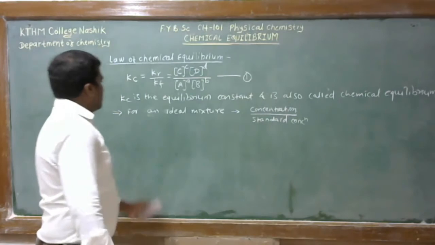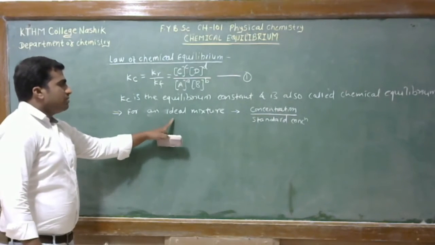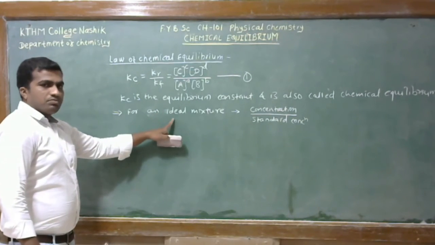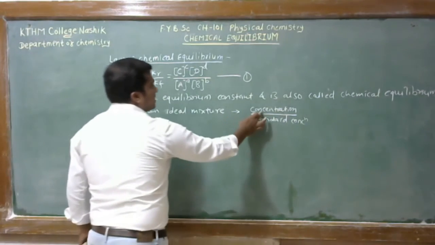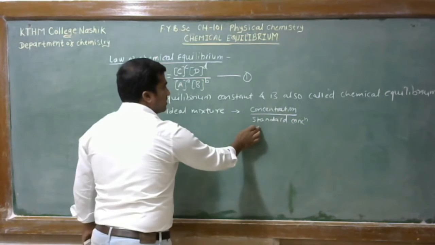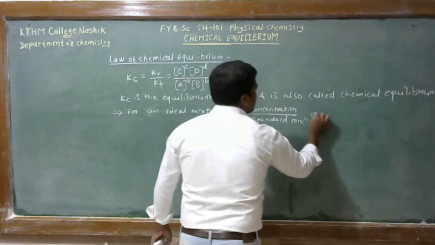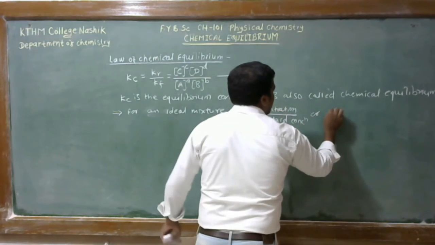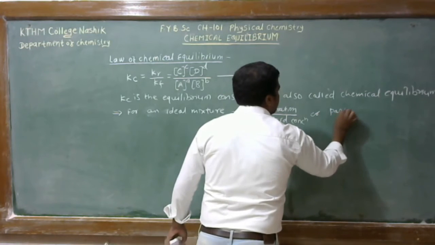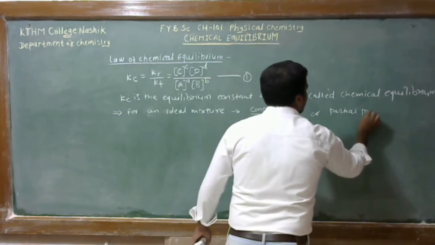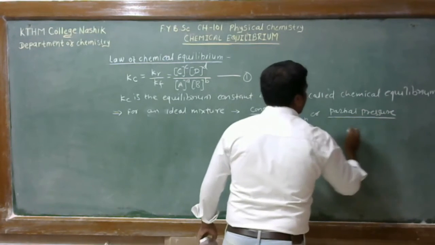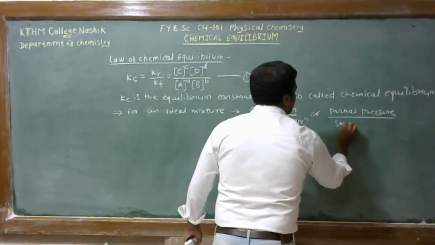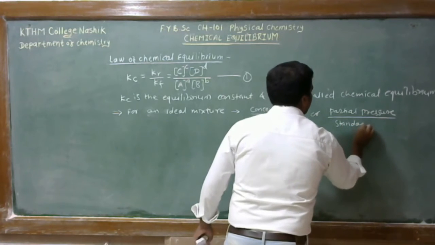Okay, so for an ideal mixture, the activity is the ratio of concentration to a standard concentration, or partial pressure divided by standard pressure.